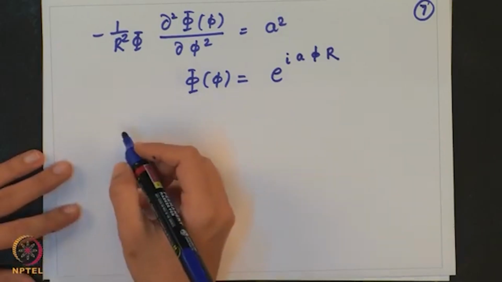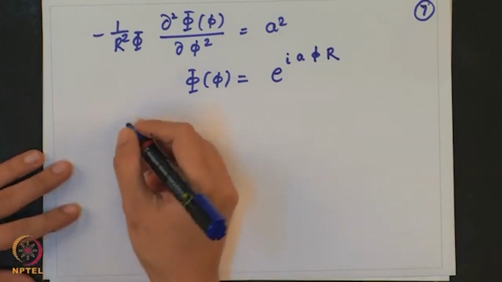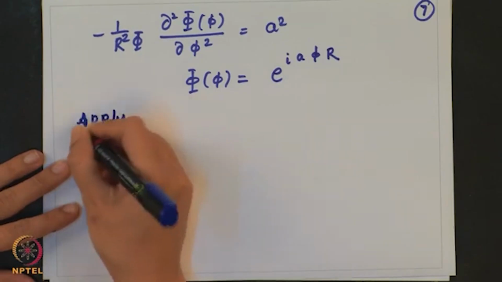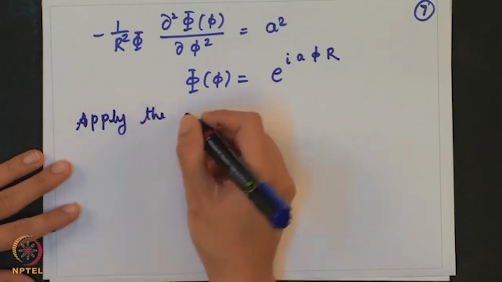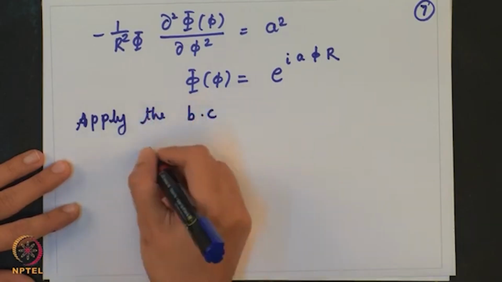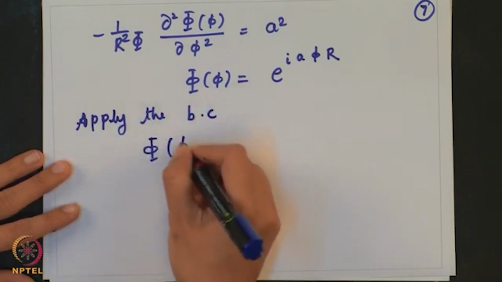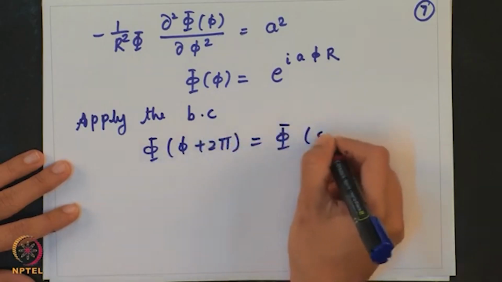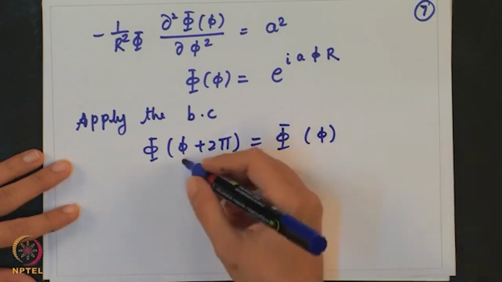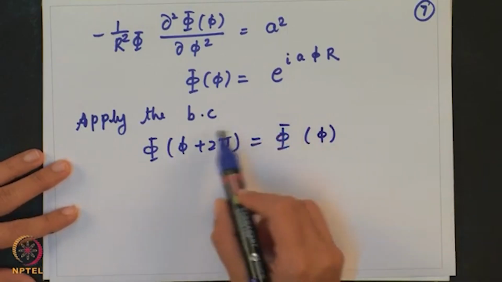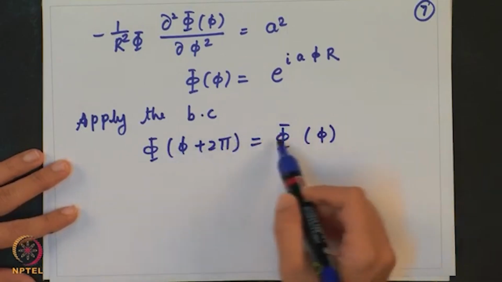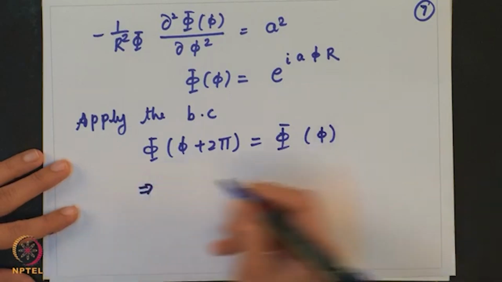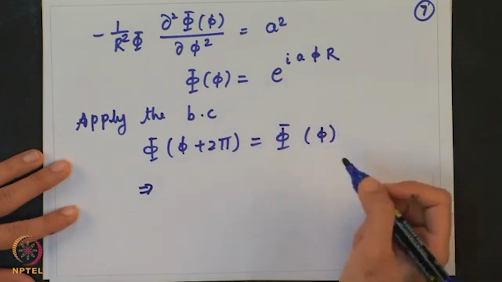Now the next step would be to apply the continuity or the boundary condition. At the boundary, that is after a 2 pi rotation, phi will be equal to capital phi, which would give us the relation between A and r.